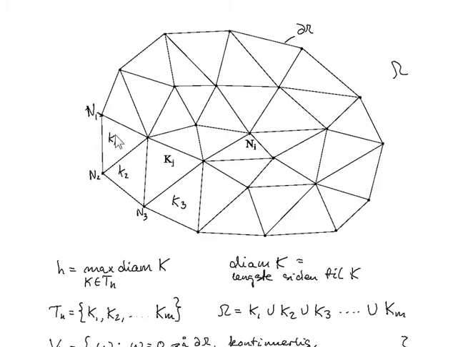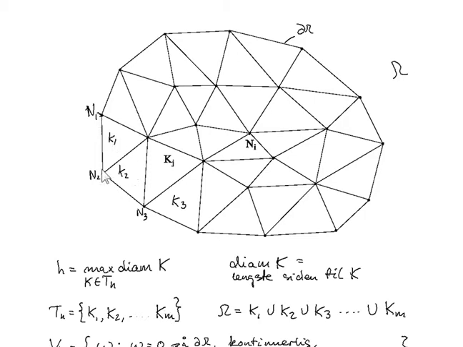It is the set of all such triangles. So we let the interior of any such triangle be denoted K1, K2, K3, K4, and so on, up to Km. So we have a finite number of triangles.